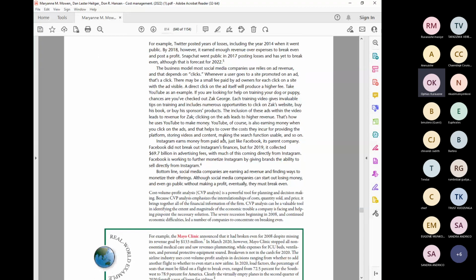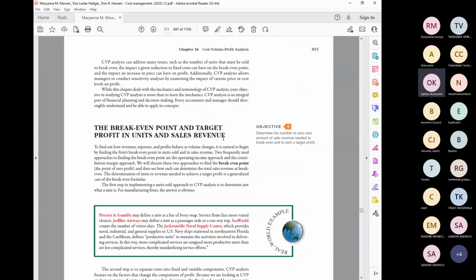Let's look here at the break-even point, the cost volume profit analysis. We are saying we should push forward for volumes. In modern manufacturing, to remain competitive, you should not only push for more profit, but you should push for volumes.